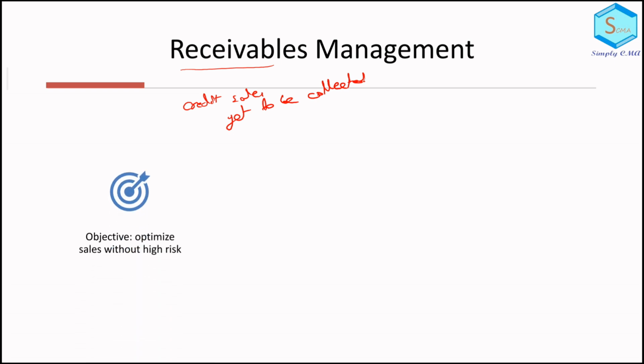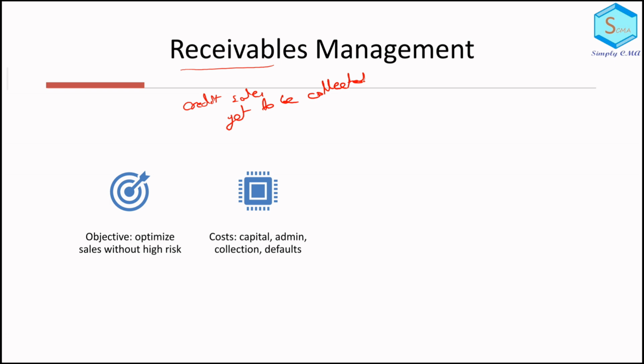Next comes receivable management. Receivable means credit sales yet to be collected. Receivable management means to optimize sales, minimize bad debts, and balance profitability and risk.